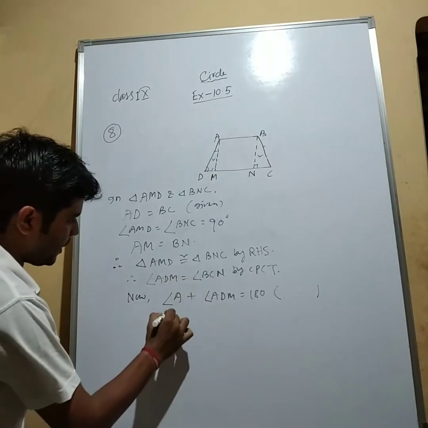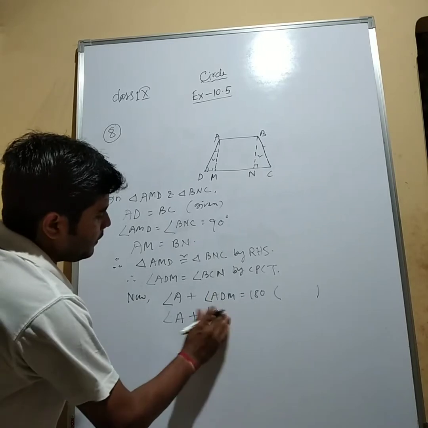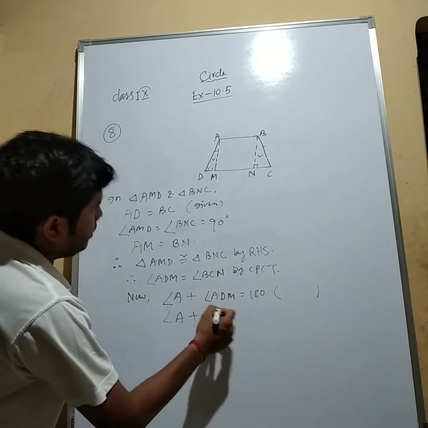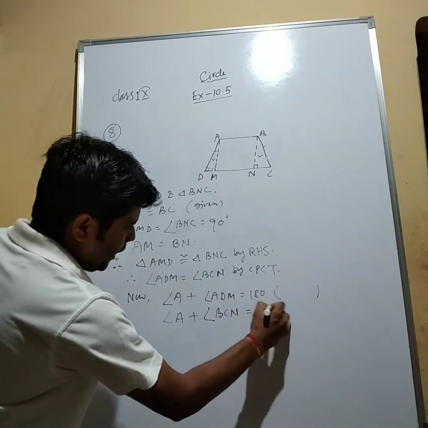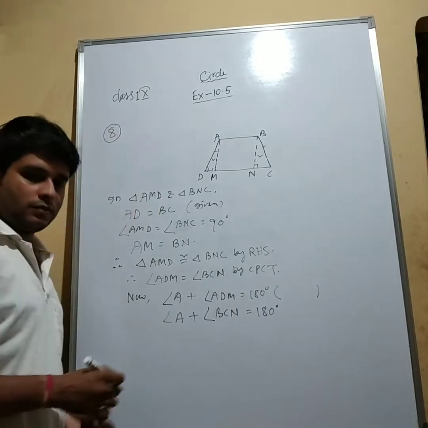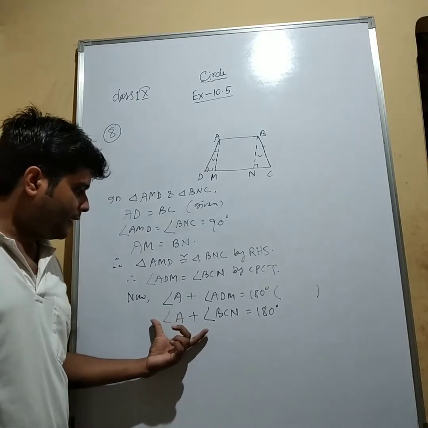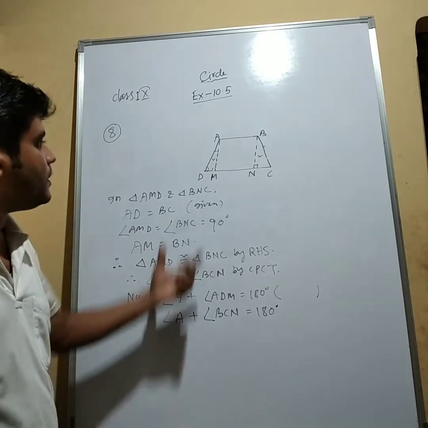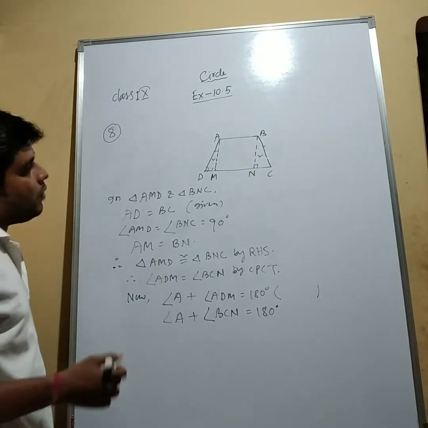Just I have put angle C. So angle A plus this angle C, that means angle BCN, actually angle C, is 180. This implies that ABCD is a cyclic quadrilateral.